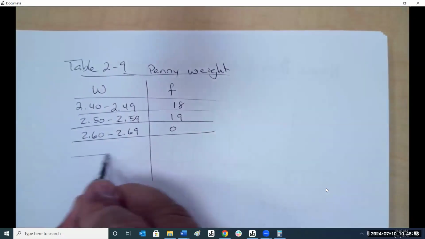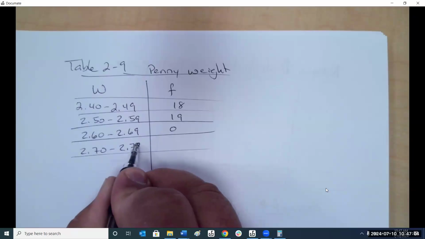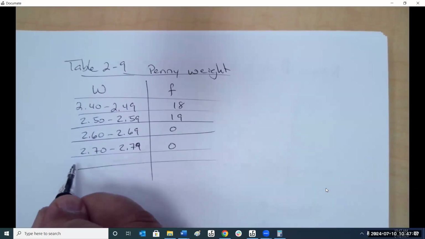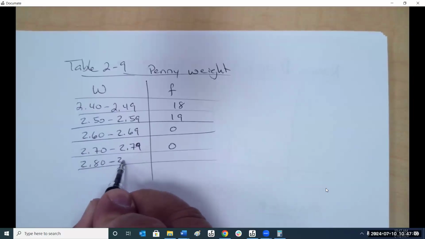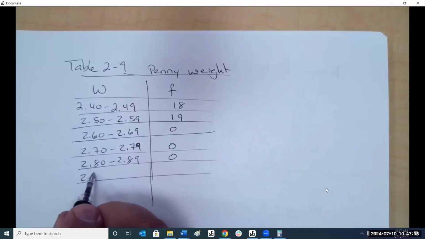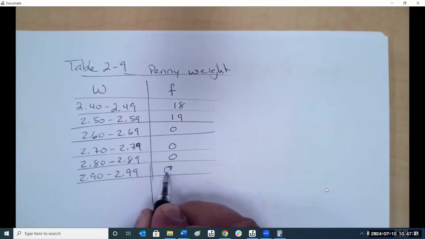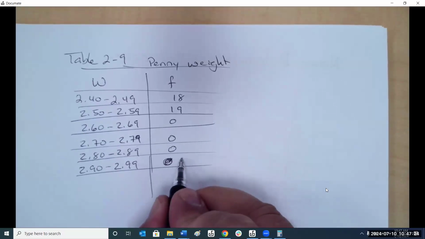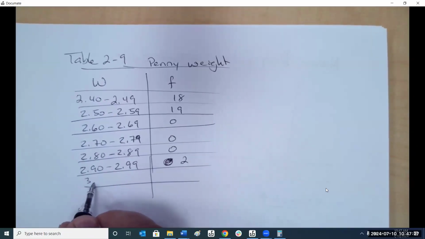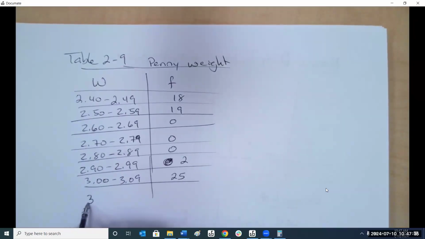There are none of them. 2.70 to 2.79. There are 0 of them. 2.80 to 2.89. There are also 0. 2.90 to 2.99. We get 0. Or no, we get 2. And the last two, 3.0 to 3.09. We got 25 of them. And 3.1 to 3.19. We get 8.